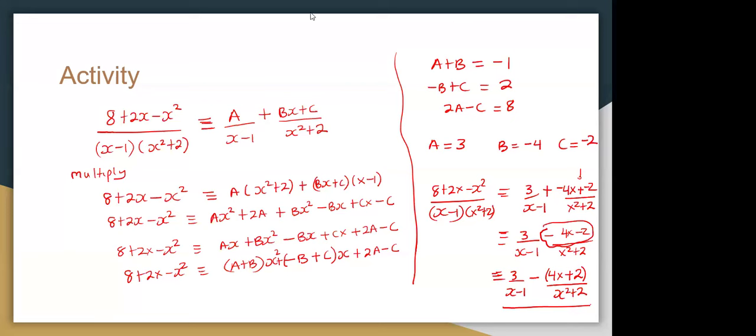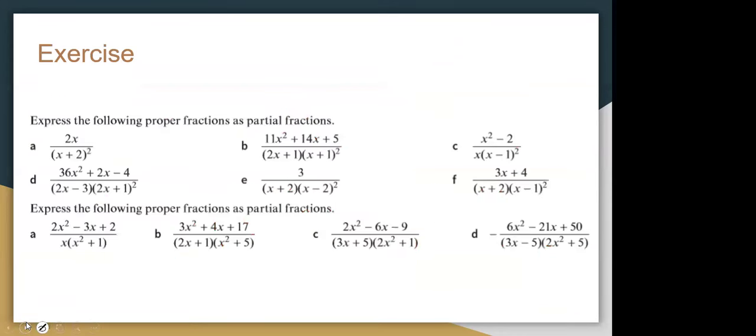So members, that's how we can have that answer. In case those are the answers you have, that is very correct. Those who have used the other approach, still you must get the same answers. Now, allow me to give you some exercise to try out.